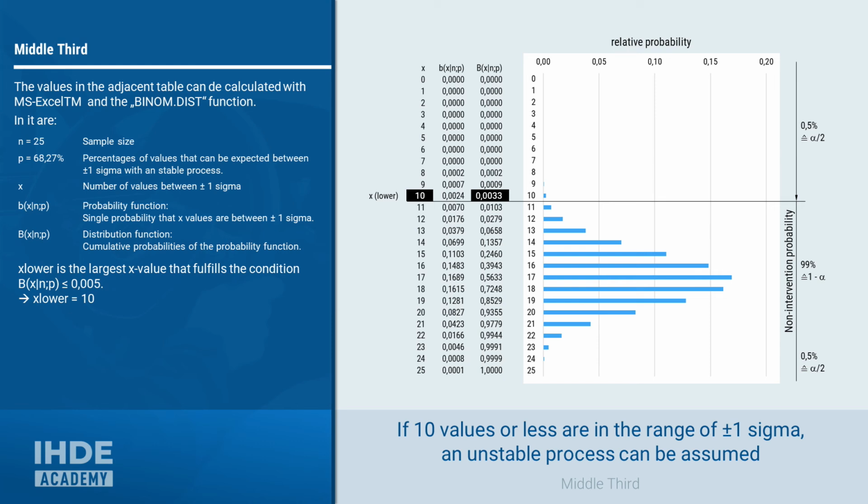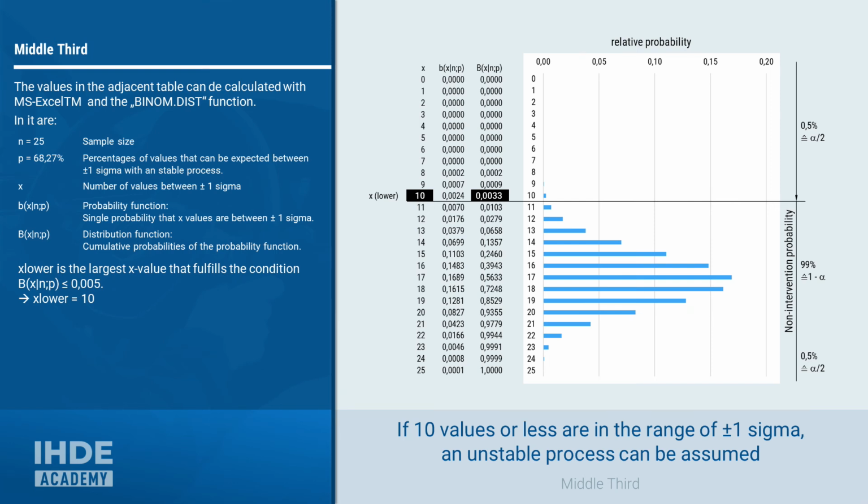There is a 1.03% probability that 11 values are in the middle third. That's more than 0.5%. If there are only 10 values or less in the middle third of a sample size of 25, this is an indication of a statistically unstable and therefore an out-of-control process. An intervention might then be required.